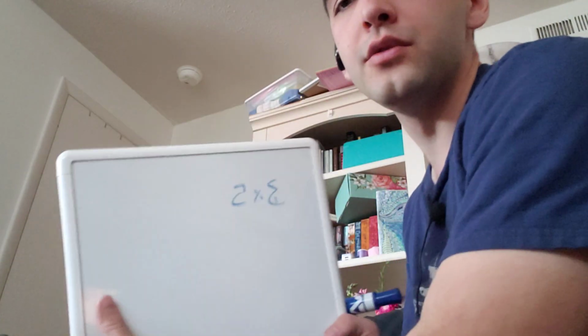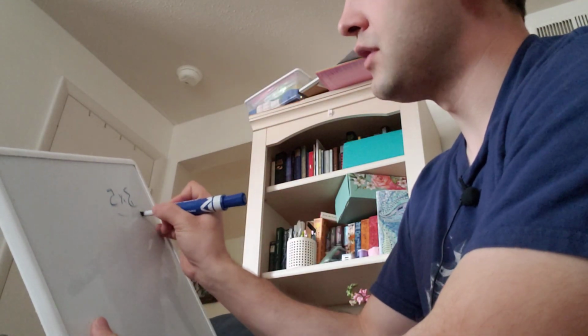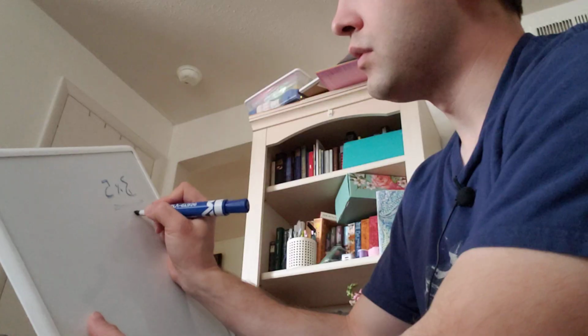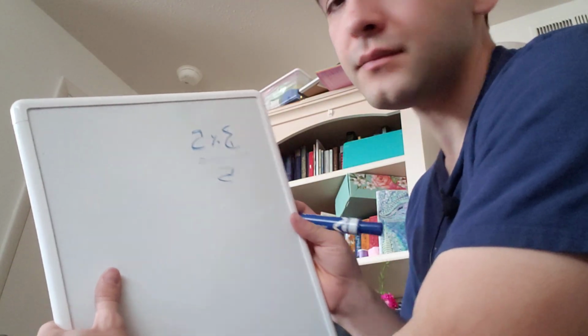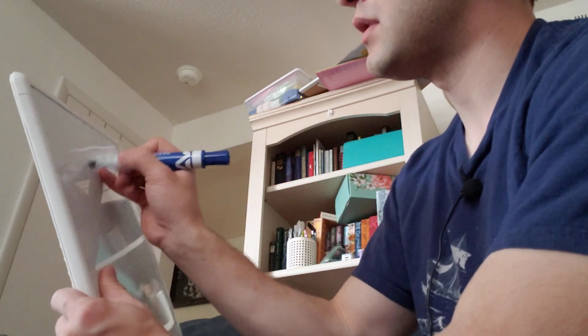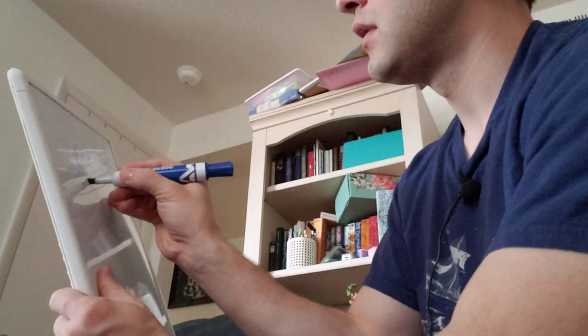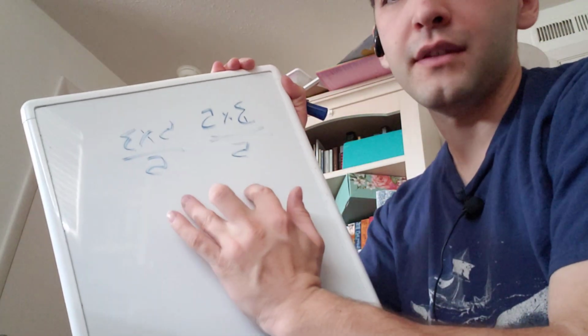You can undo that multiplication by division. So if we wanted to undo multiplying by 5, we'd do divided by 5, like that. And this works if it's 5 times 3 or 3 times 5. You can undo the multiplication by 5 by dividing by 5.